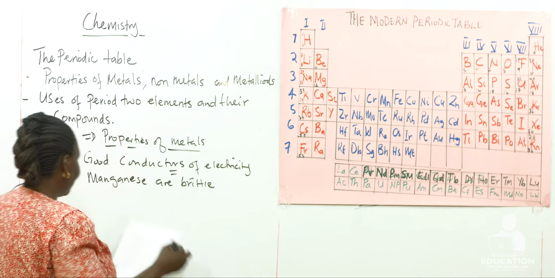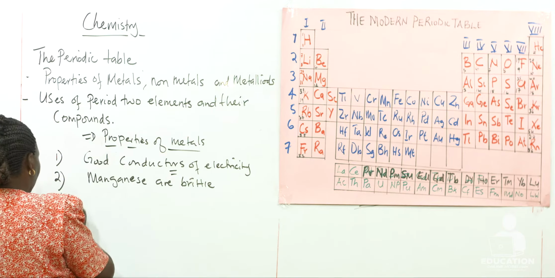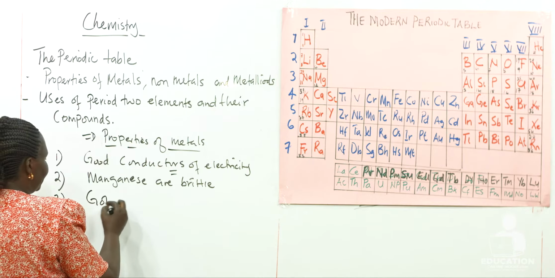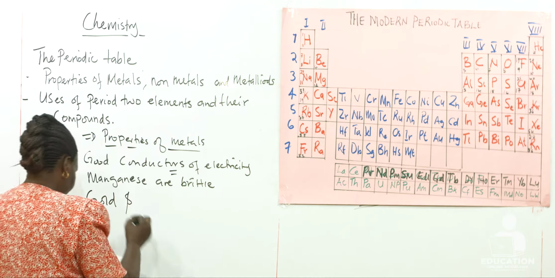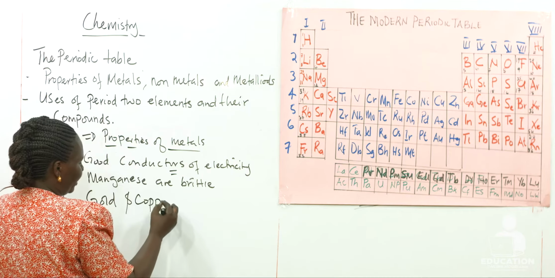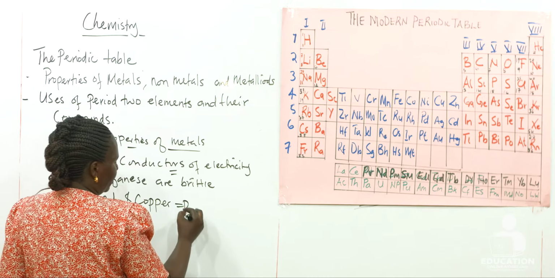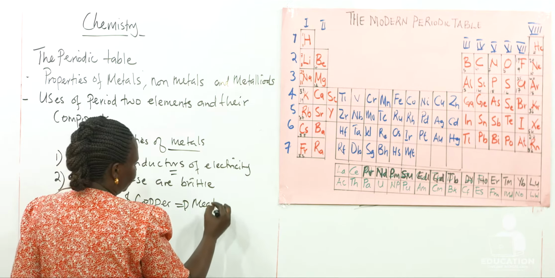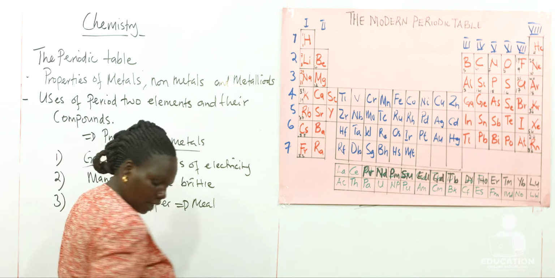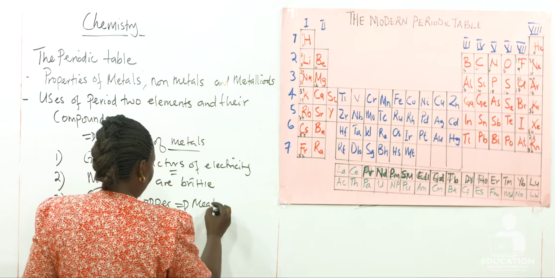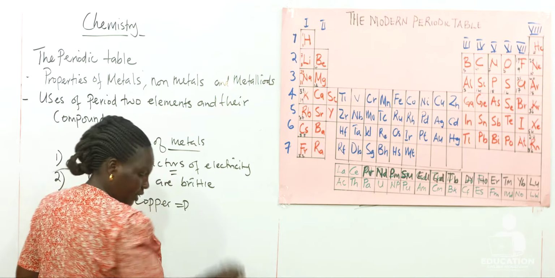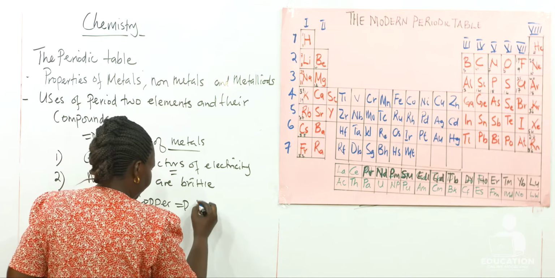Number 3, we have metals such as gold and copper. Metals such as gold and copper are malleable and ductile.